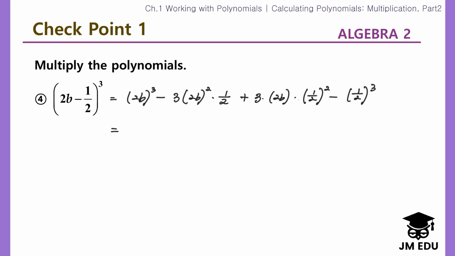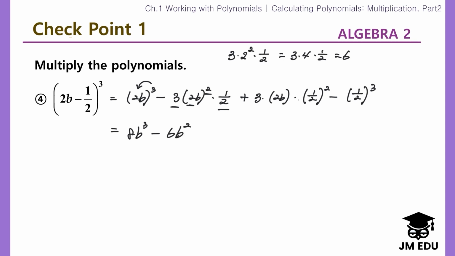So 2 cube, that's 8b cube, minus 3 times 2 square times 1/2. So 3 times 4 times 1/2, 12 divided by 2, that's 6. So minus 6b squared.